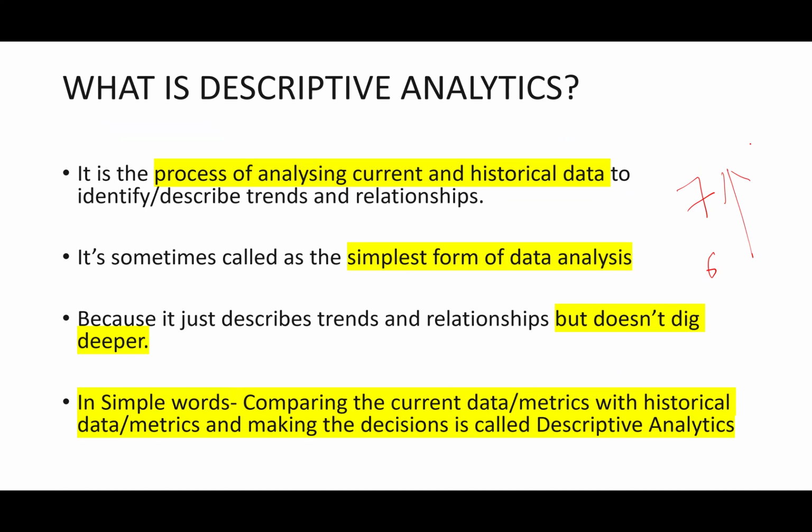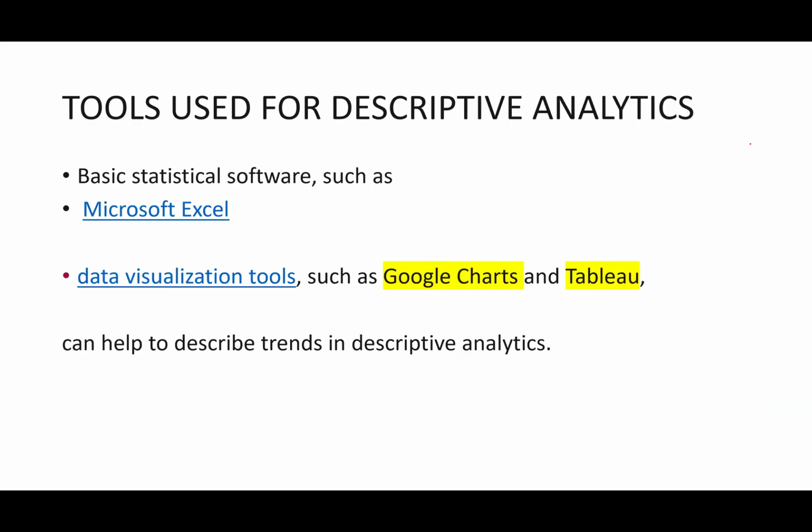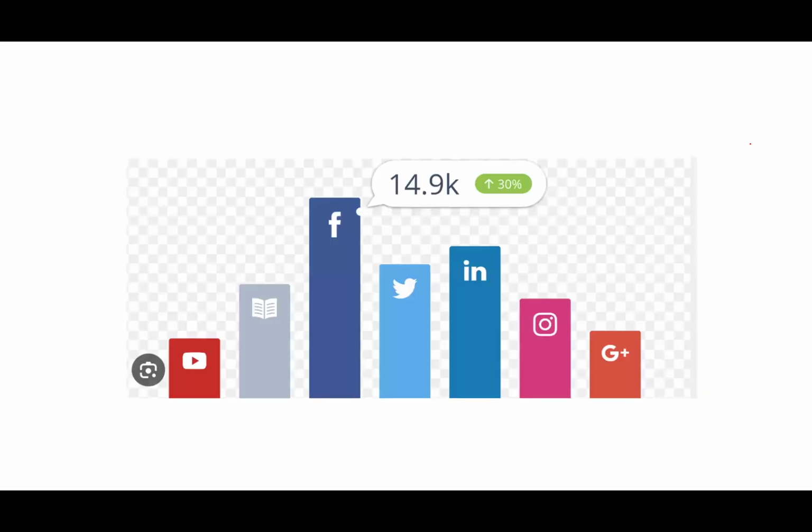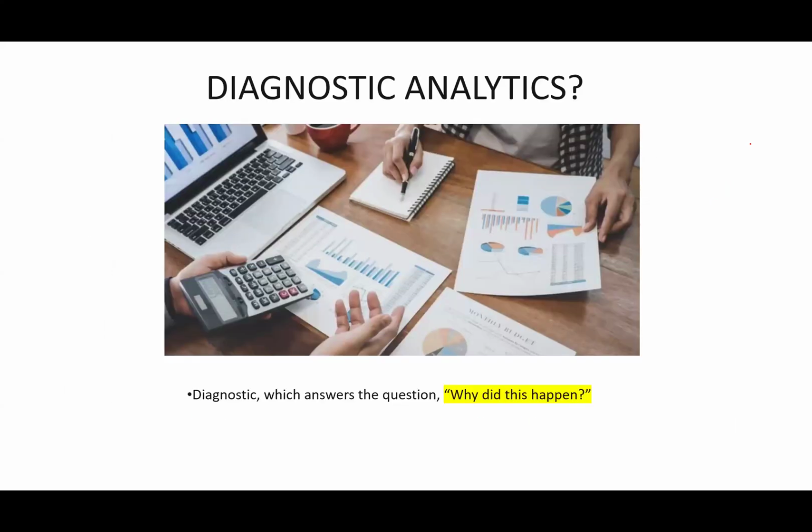It will just describe the event, but it won't help us in diagnosing the event. So how can we diagnose the event? If you want to know why the earthquake has increased from 6 to 7, if you want to go deeper, then this is nothing but diagnostic analysis. We have discussed everything in detail in the previous classes.